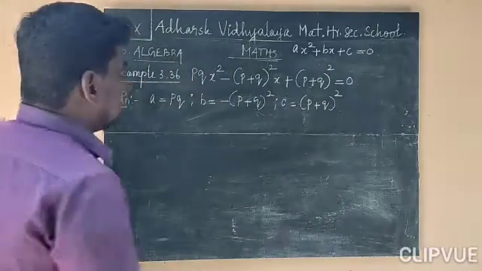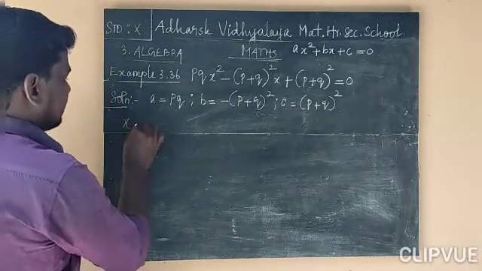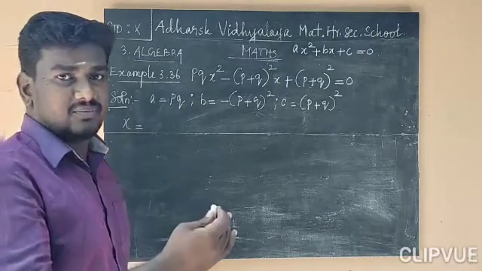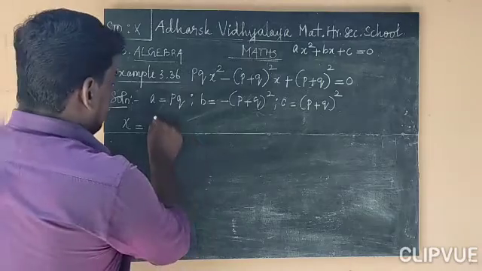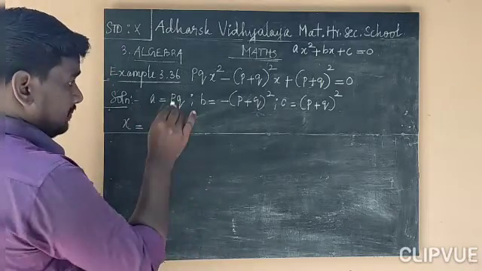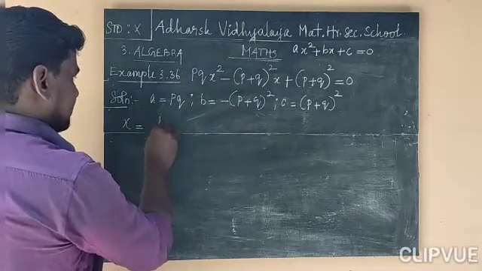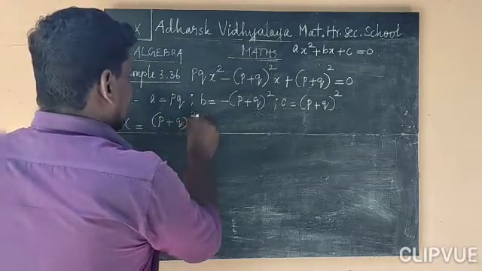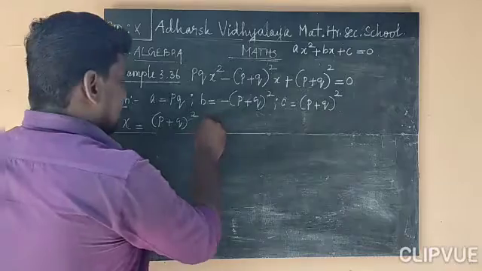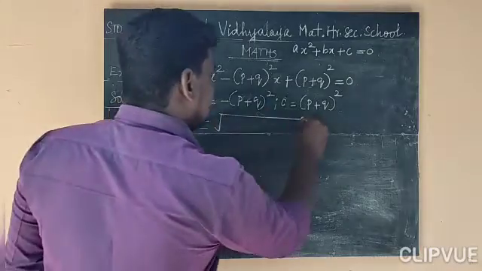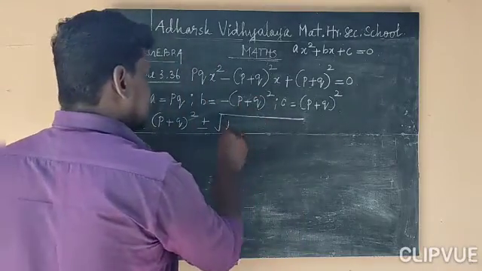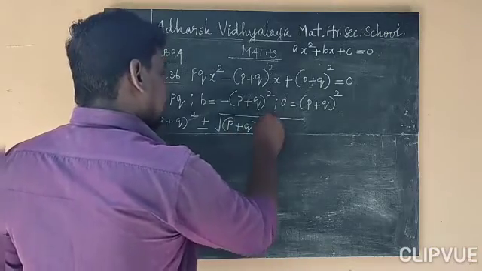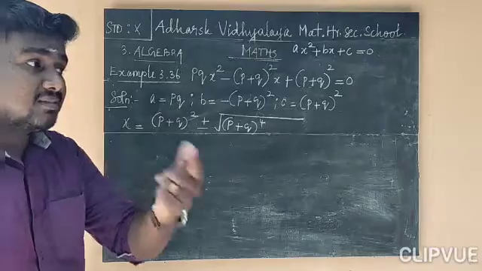Listen carefully. So I am going to substitute in that formula. X is equal to minus b plus or minus root of b square minus 4ac by 2a. So x is equal to minus b. So minus into minus plus. So it becomes plus p plus q whole square plus or minus root of b square. So it becomes p plus q whole power 4 minus b square.